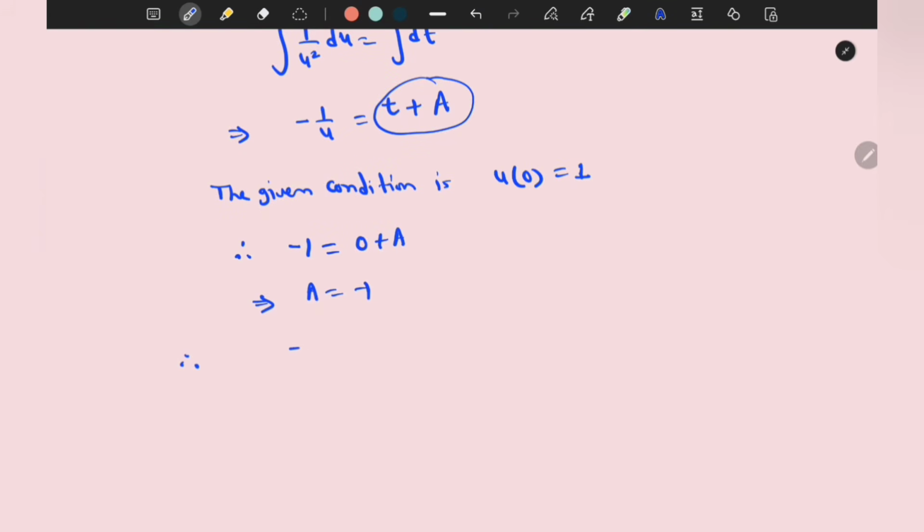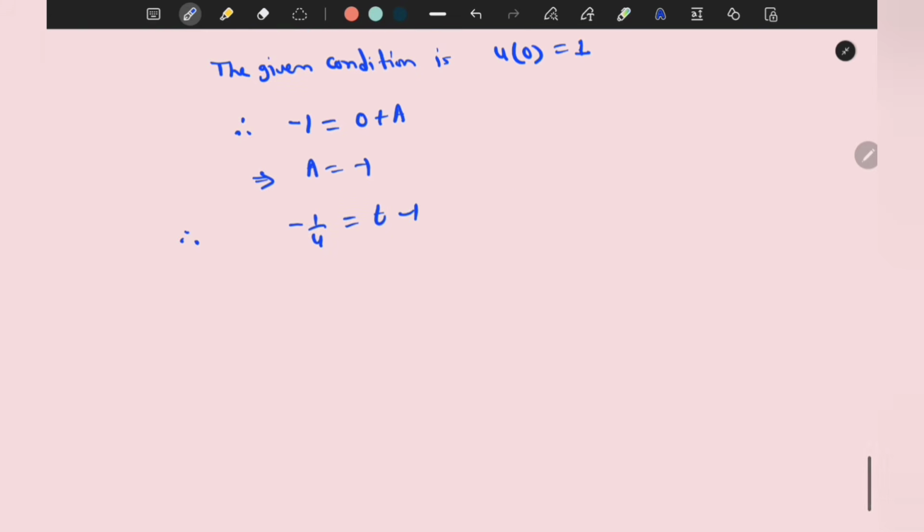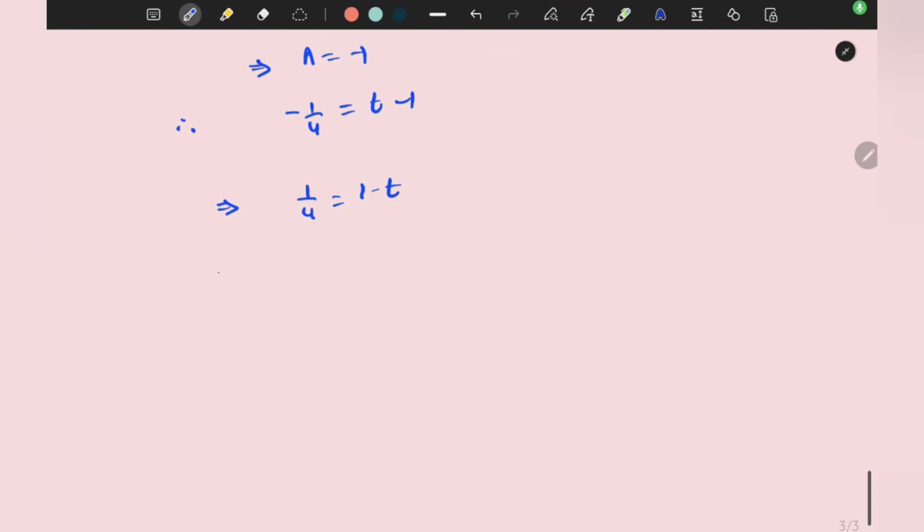Therefore minus 1 upon u is equal to t minus 1. By rearranging the terms, 1 upon u is equal to 1 minus t. Therefore the solution of the equation will be u(t) = 1 upon 1 minus t. So this is the solution when the function is u squared.